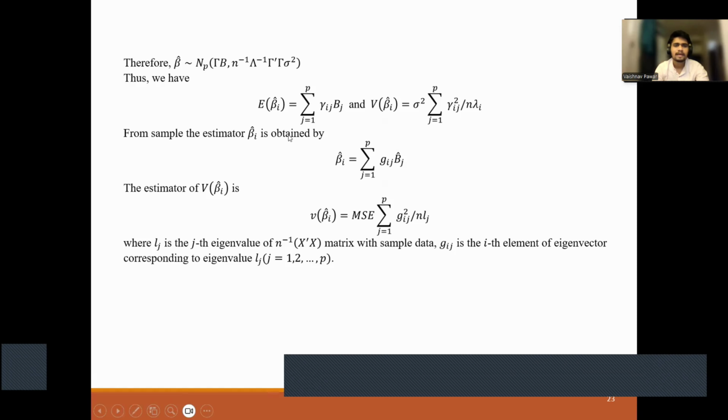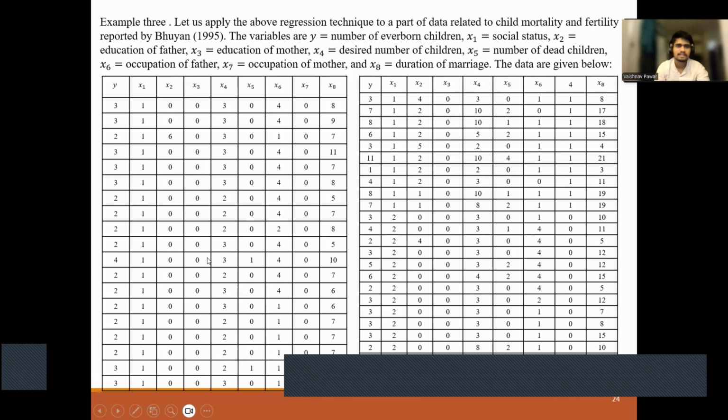The beta i cap is obtained by beta i cap equal to summation j equal to 1 to p of gij times bj cap. Gij are our weights, where lambda j is the jth eigenvalue of the X dash X divided by n matrix. With sample data, gij is the ith element of the eigenvector corresponding to the eigenvalue lj.